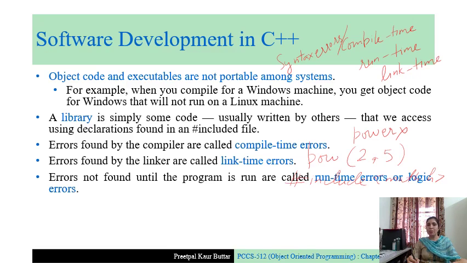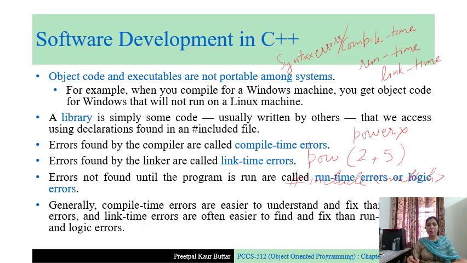As you practice more programming, you will come to know what the runtime errors are, how they occur, and how to resolve them. Generally, compile time errors are easier to understand and fix than link time errors, and link time errors are easier to find and fix than runtime or logic errors.